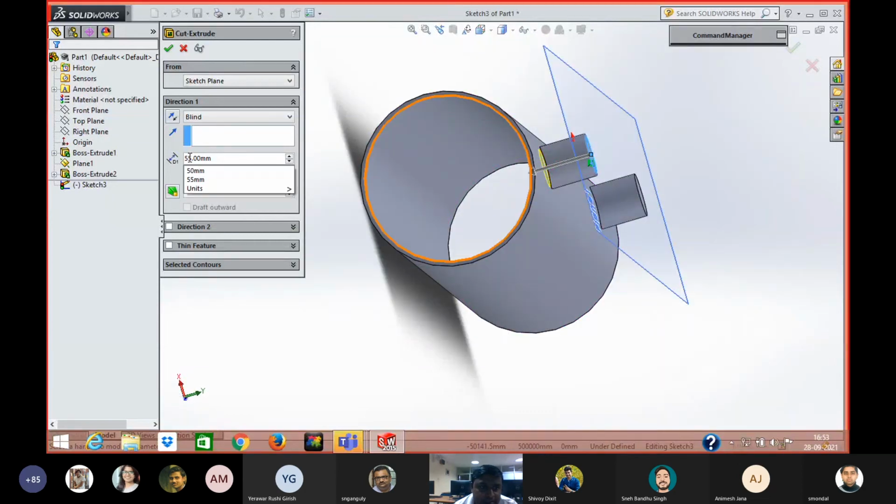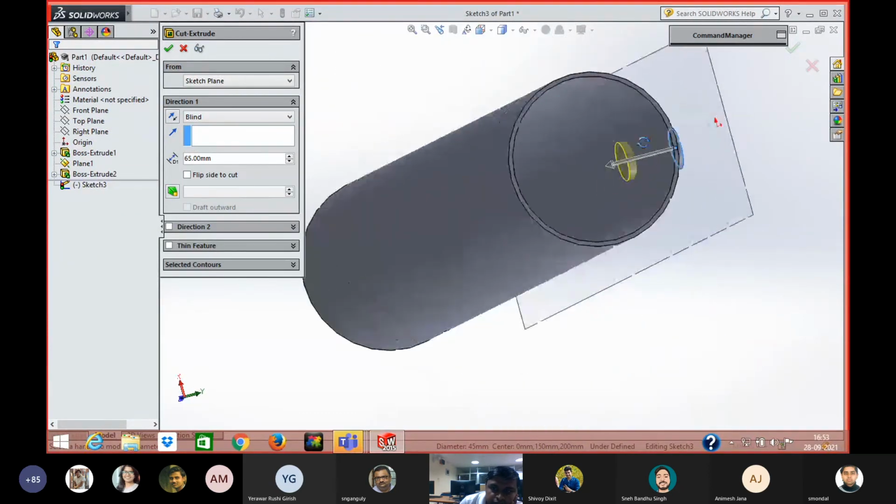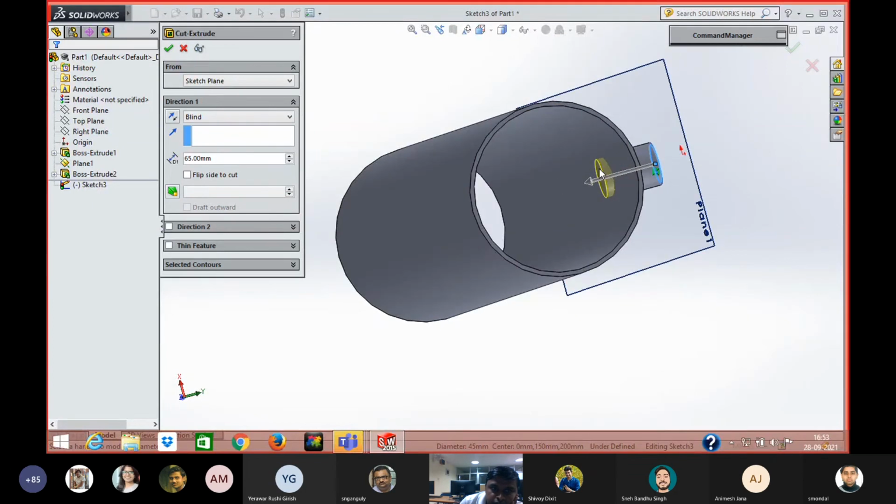You can increase the extrude cut section. You can say it is 65. If you want to give 55, then it will be just up to the surface, and if you increase, then it may show this portion, as I have increased by 10 mm.